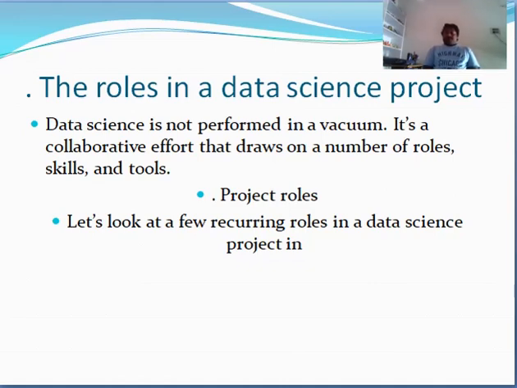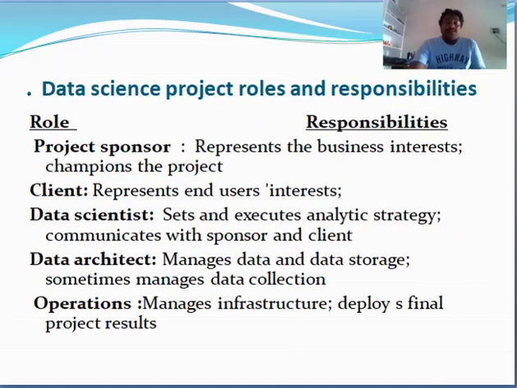Second one, project roles. What are the roles in your data science project? That is important to the successful completion of your project. Let's look at a few required roles in a data science project. Here are the data science project roles and responsibilities.